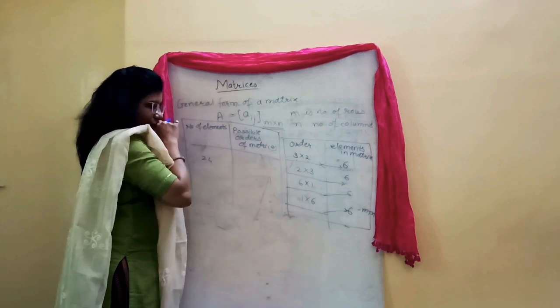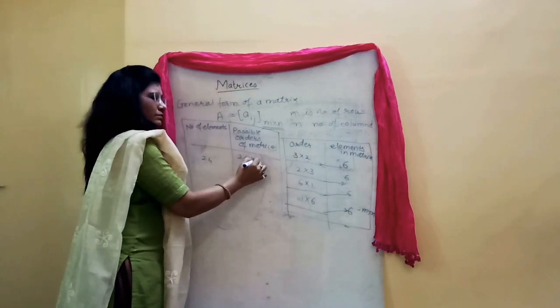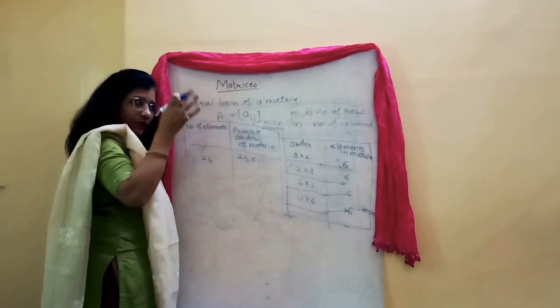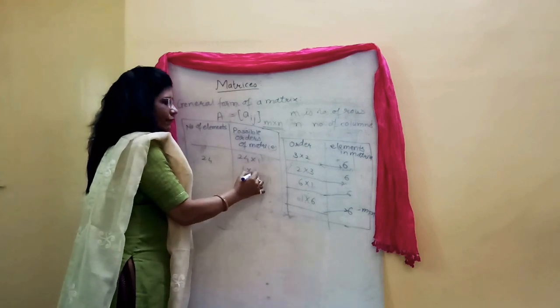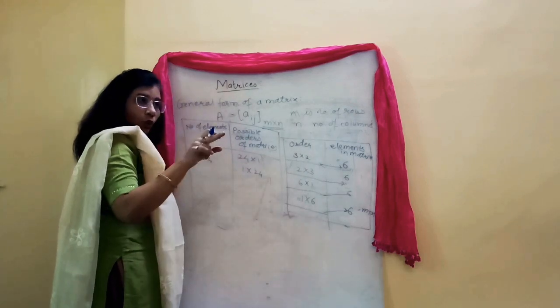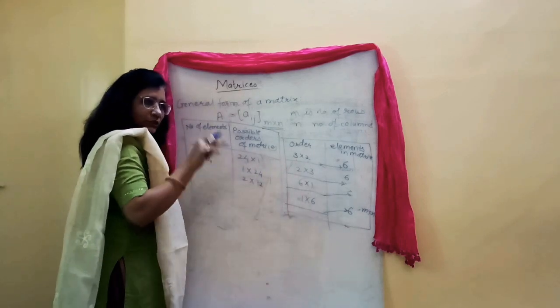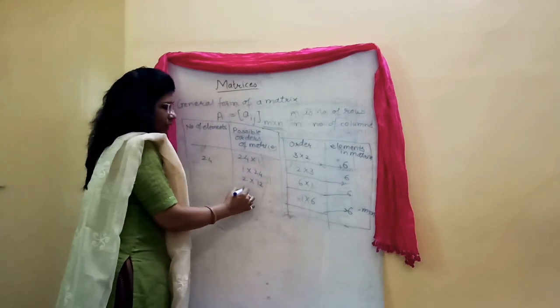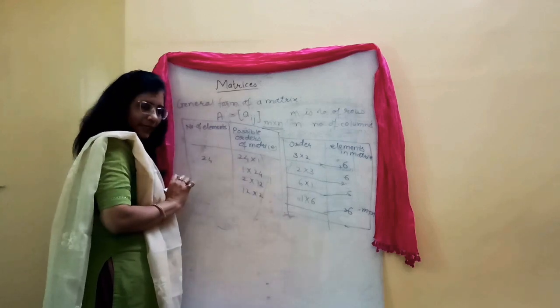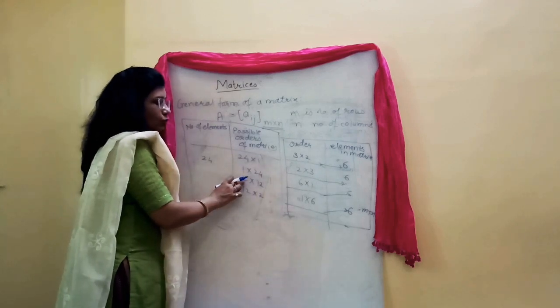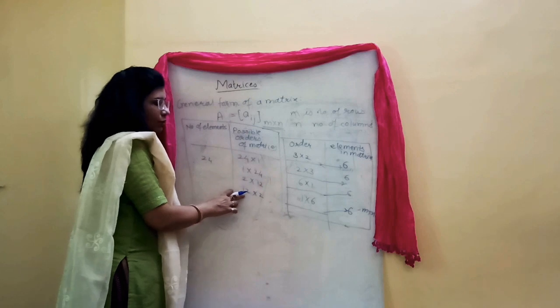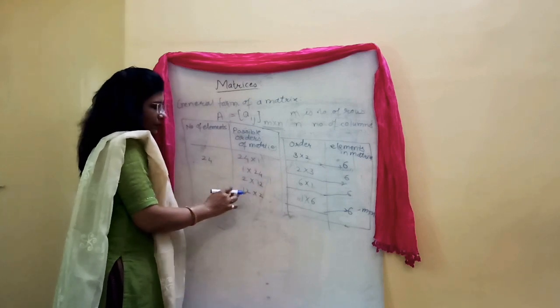So 24 by 1, 24 rows and 1 column. 1 by 24, 1 row and 24 columns. 2 by 12, 2 rows, 12 columns, and 12 rows, 2 columns.